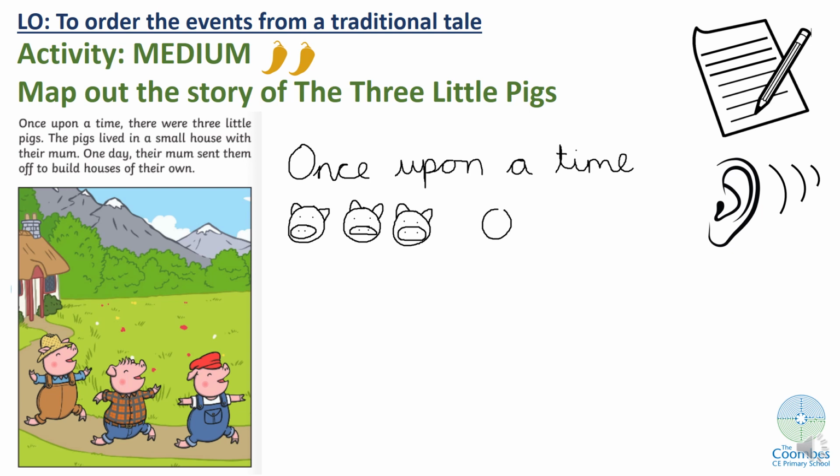So for this one, I'm going to draw a pig. And it would take a while to draw all 3 of them. So I'm just going to write times 3 to show the 3 little pigs lived in a small house.